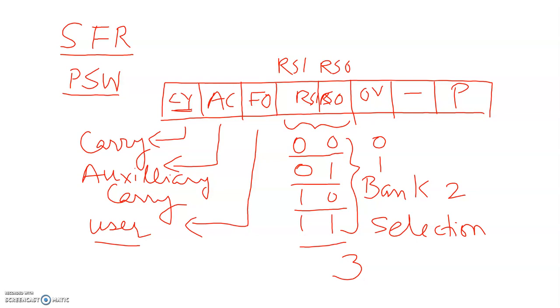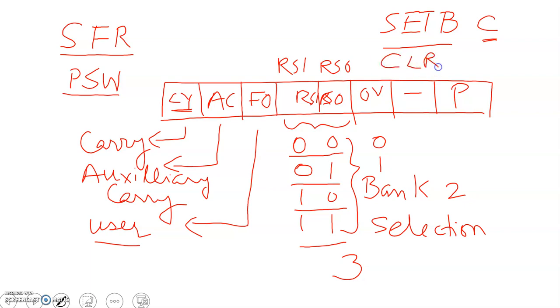The other way to set this bit is using the bit instruction, like SETB C. C is carry, and the SETB instruction makes the value of the carry bit equal to 1. Similarly, the carry bit can be made equal to 0 by using the CLR instruction. CLR C will clear the carry bit.